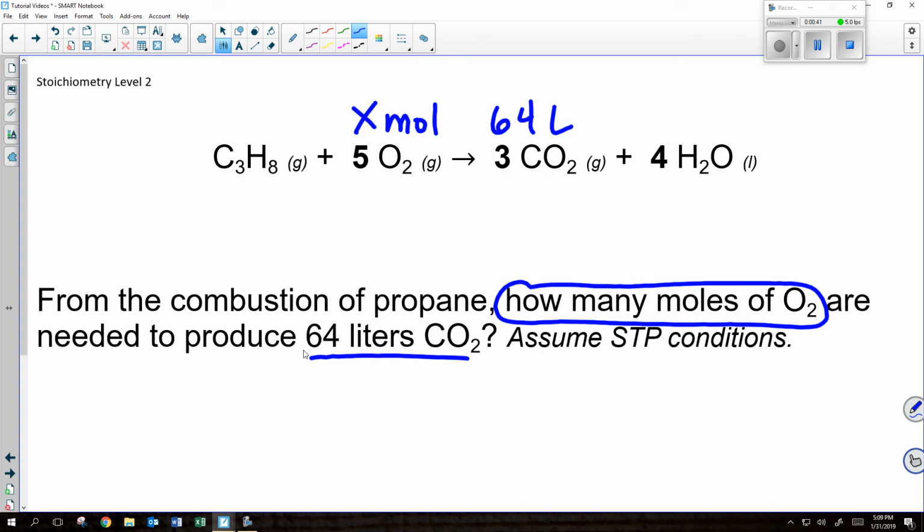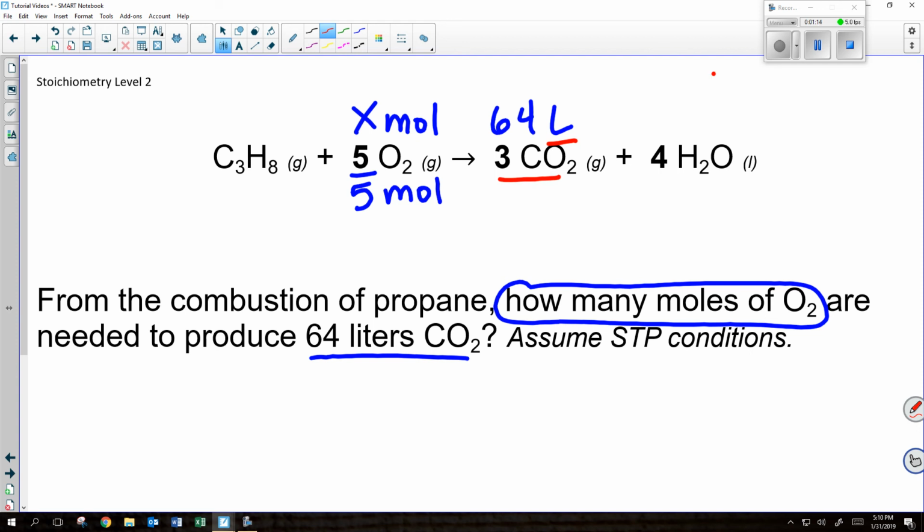To determine what goes on the bottom of my proportion, I want to make sure that my units are matching. So for my X moles, I use the coefficient in front of my O2 to represent the 5 moles needed for this reaction to take place. For my CO2, I have liters on top, so I need to determine how many liters are in 3 moles of CO2.